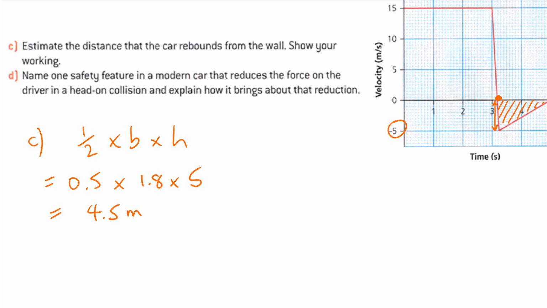Okay. Now, D, name a safety feature in a modern car. I'd be looking at seat belts or an airbag. And the science behind it is as follows. You don't want the change in momentum occurring very quickly.